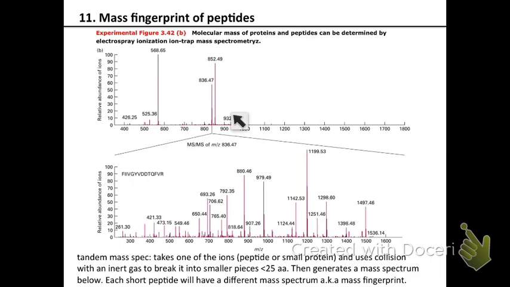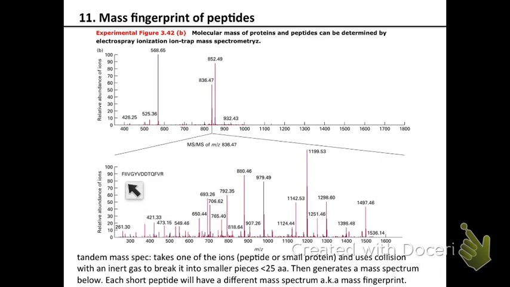So when you do the mass spec again, you're taking, let's say, a 100 amino acid protein, and you break it up into 25 random smaller peptides, and then you pass these through mass spec again, and each of these smaller peptides is going to give you a different mass spectrum. The mass spectrum for smaller peptides is going to look something like this.